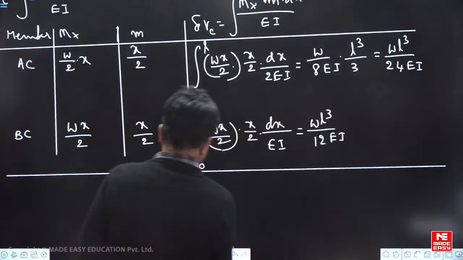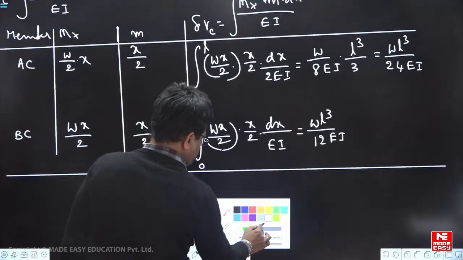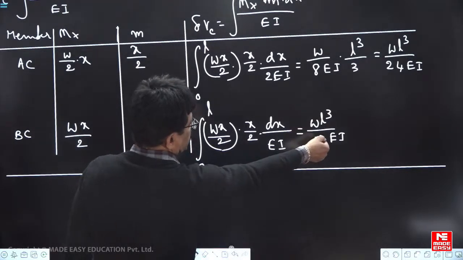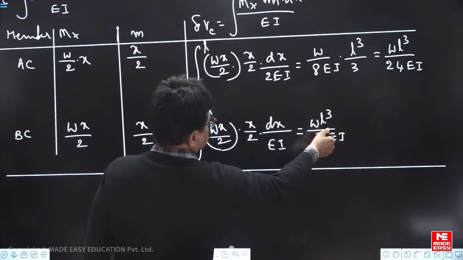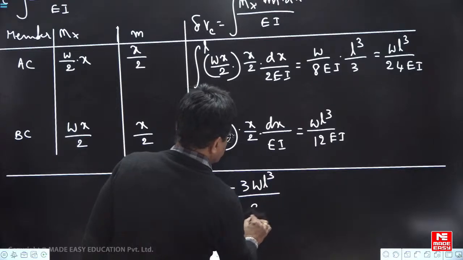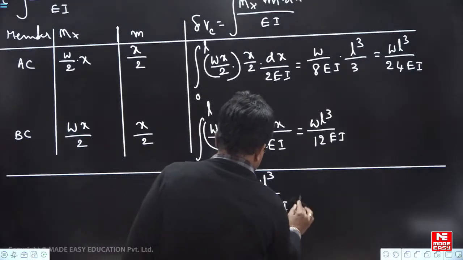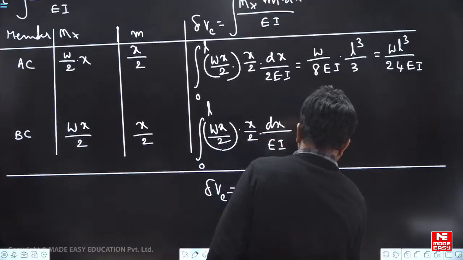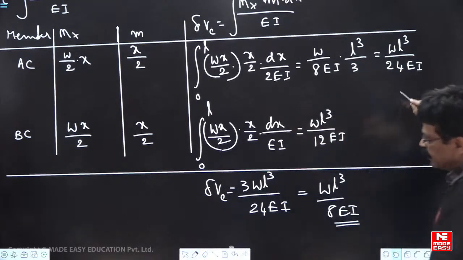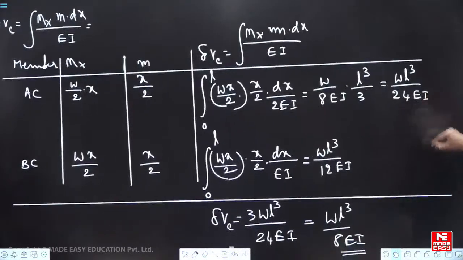So add them. Common factor 1, 2, 2 plus 1, 3, so 3 WL cube by 24 EI. In other words, it becomes WL cube by 8 EI. Only this much.